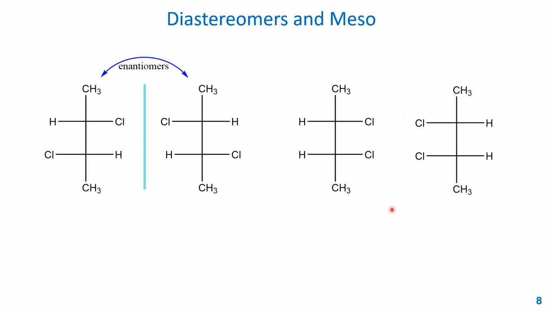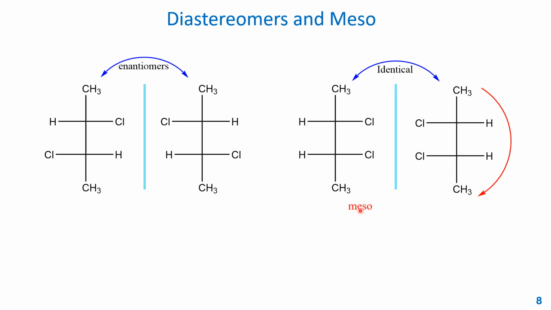These two look like they are mirror images, but they are not enantiomers. They are identical. Why? If you rotate this isomer 180 degrees, it will be exactly the same as this. That's superimposable. So superimposable with the mirror image, they are not chiral, and they are exactly the same.